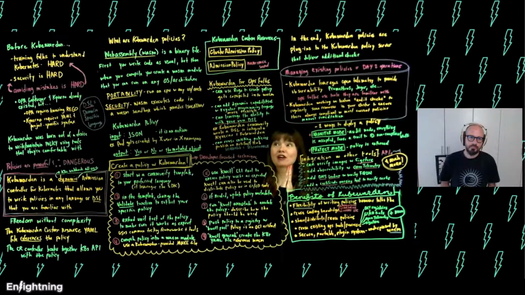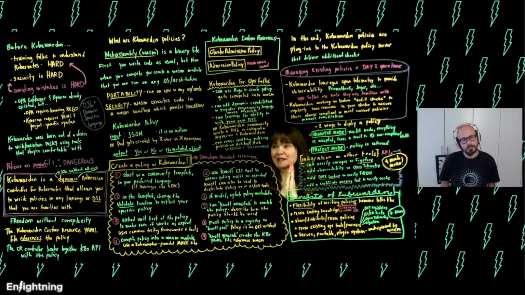First you write your code as usual, but then instead of the compiling part being specific to whatever language it is and whatever target environment it's going to be in, you compile the code into a WASM module. And then that WASM module is very portable. You can run it on any OS or any system architecture. Besides being portable, it's also secure, because it's executed in a WASM sandbox that has isolation from other things that are also happening in the system.